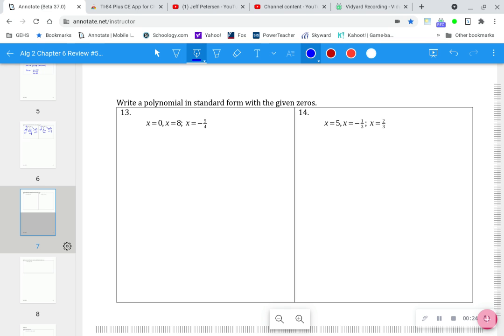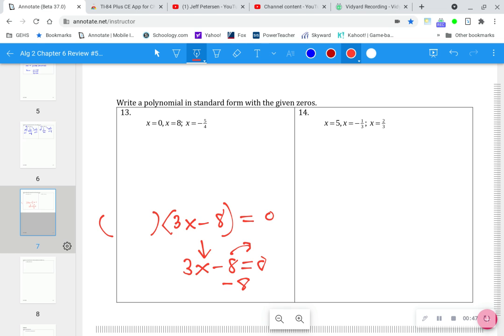Now let me just discuss off to the side. I'll use a different color to show this here. If you have a factor of 3x minus 8, then if that's part of a bigger problem, when you set that factor equal to 0, the number behind the x eventually ends up on top of the fractional answer, and the number on the bottom was originally in front of the x.